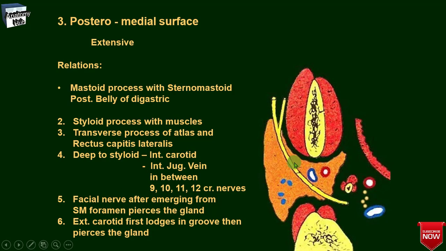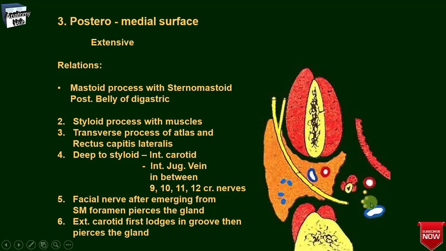At the styloid process you will find the stylohyoid muscle, and deep to the styloid process you will find the internal carotid artery and the internal jugular vein, and in between these two, the 9th, 10th, 11th and 12th cranial nerves pass out. That means this foramen is the jugular foramen.